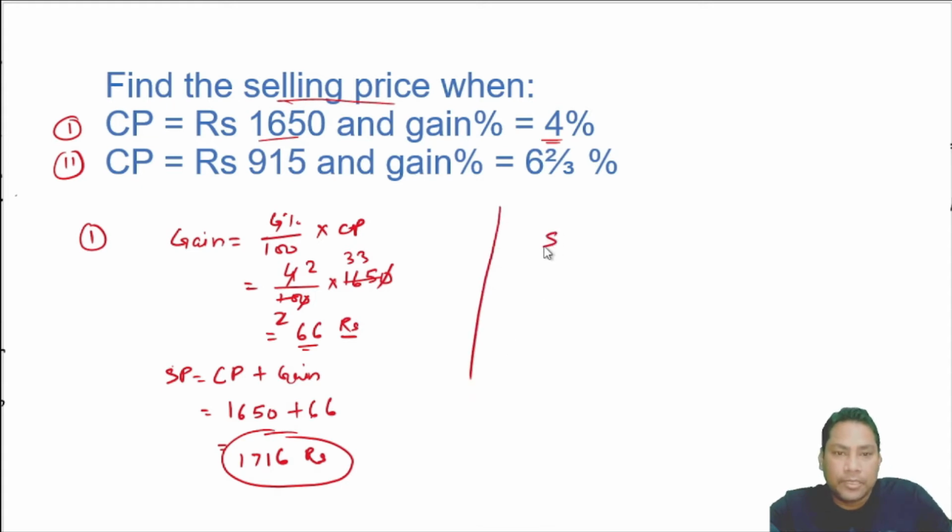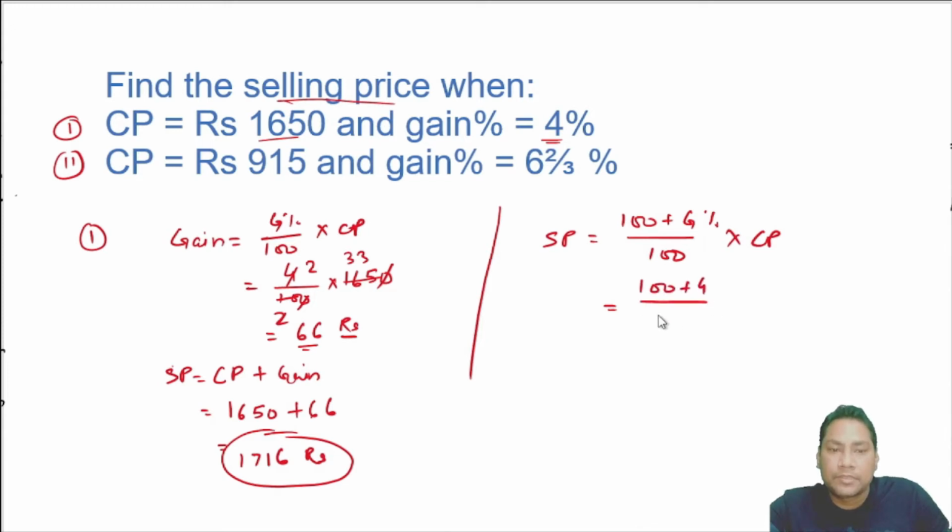The formula of selling price is 100 plus gain percentage divided by 100 multiplied by cost price. So in the question they have given the gain percentage as 4, so 104 divided by 100, and the cost price they have given is 1650.